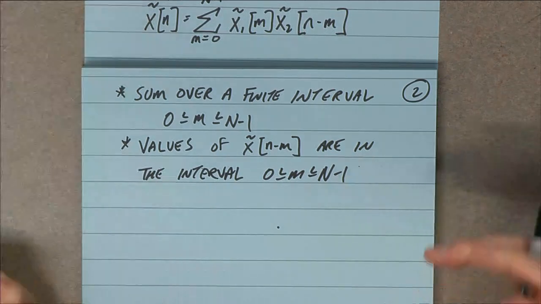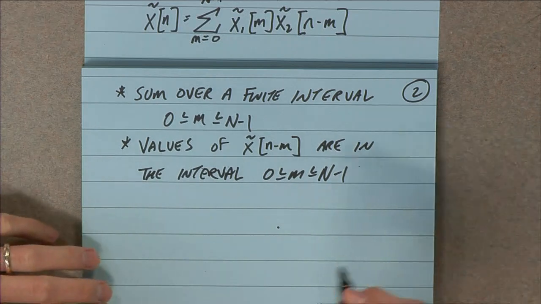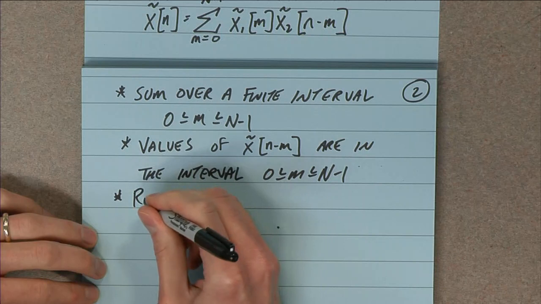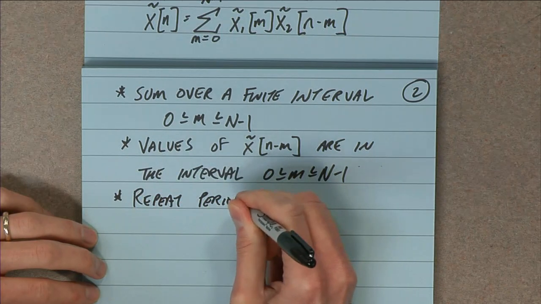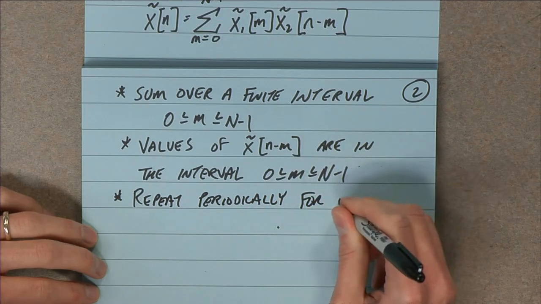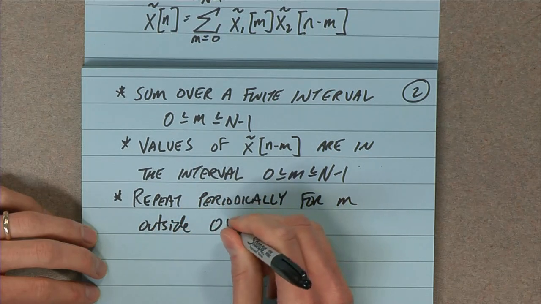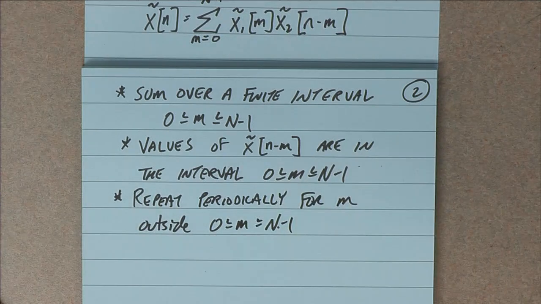That's where I generated that table to try to show you what was going on. And then finally, once we do it once, we just repeat periodically for m outside 0 to N minus 1. So it's kind of our ground rules to get started.